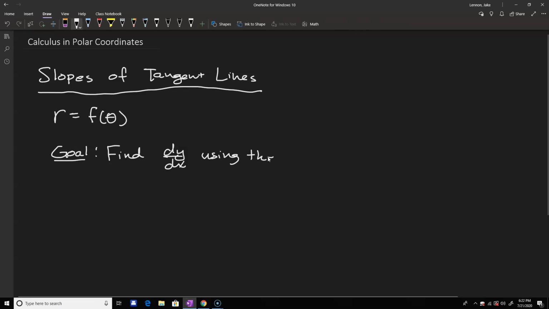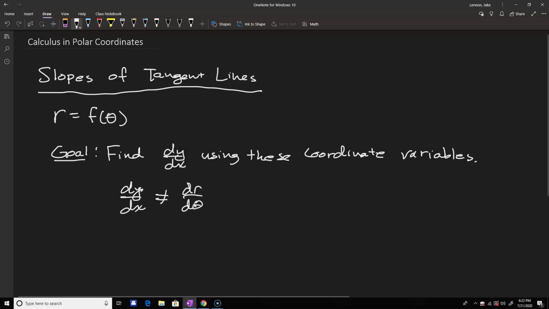And you might think, maybe it's easy. Maybe it's just dr d theta. Maybe it works just like the Cartesian system. But that's not the case. It's not that simple because we have some product rules involved. So unfortunately, dy dx is not just going to be found by using dr d theta.